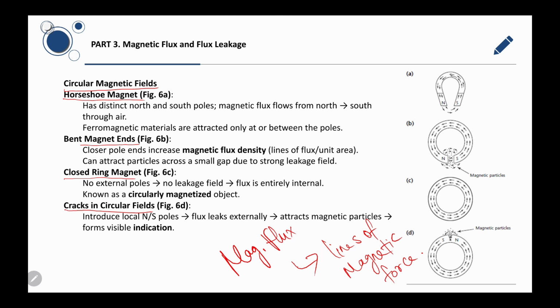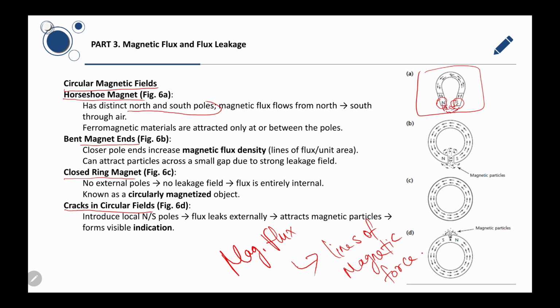Horseshoe magnet. This is a classic example. A horseshoe magnet has distinct north and south poles. Here this is the horseshoe magnet, with north and south poles. The magnetic flux flows from north pole to south pole through the air outside of the magnet.